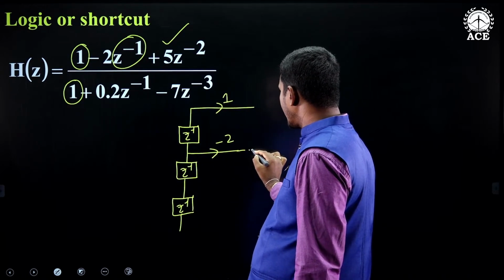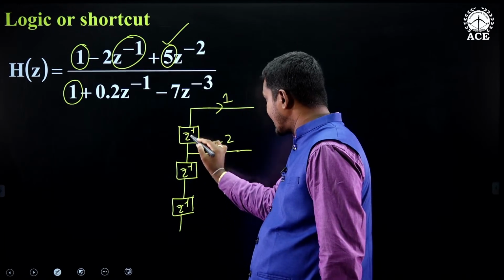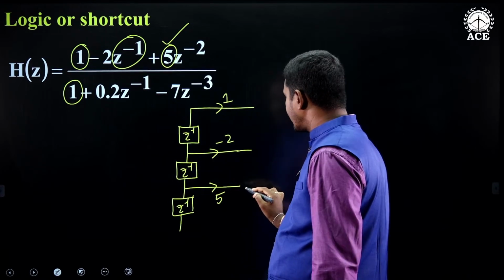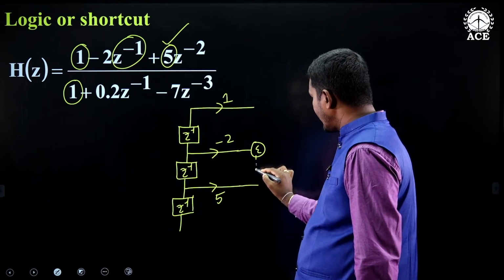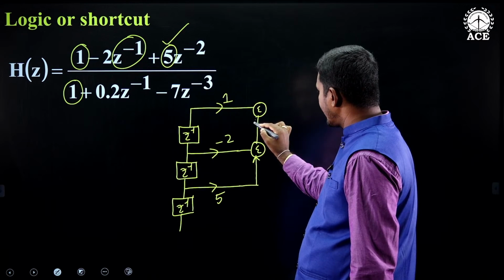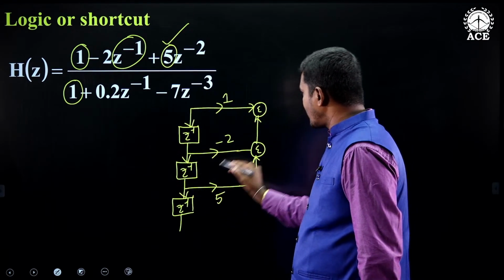After z power minus 2, how much is there? Plus 5. Add these two, and here we also need one summer.